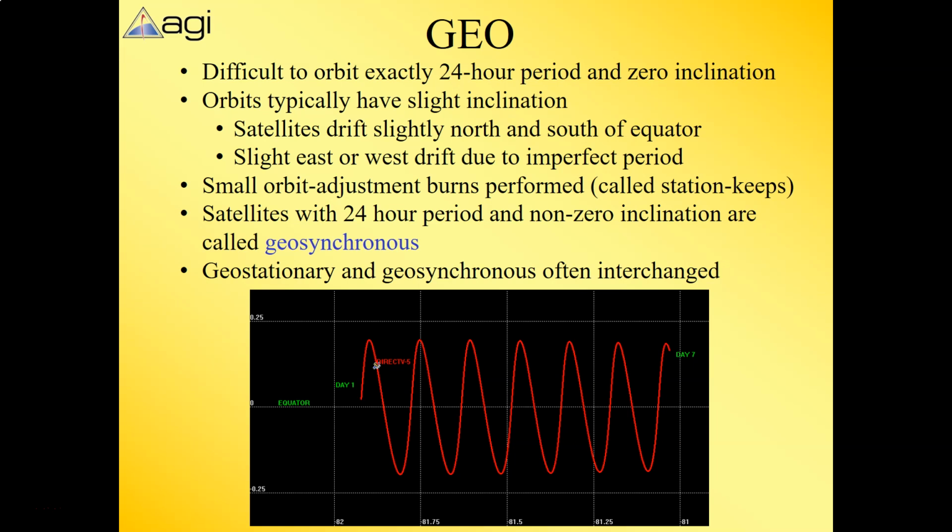Satellites drift slightly north or south of the equator and slightly east or west due to imperfect periods. Small orbit adjustment burns can be performed, called station keeping. Satellites with that 24-hour period and non-zero inclination are geosynchronous, and geostationary and geosynchronous are often interchanged.